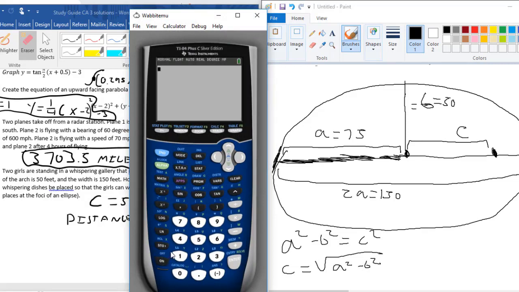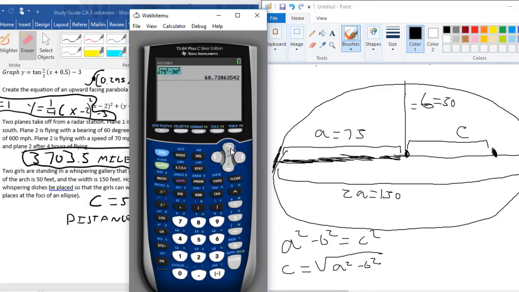C is equal to the square root of 75 squared minus 30 squared. And that's going to be equal to 68.738. Wait, that's 50, right?